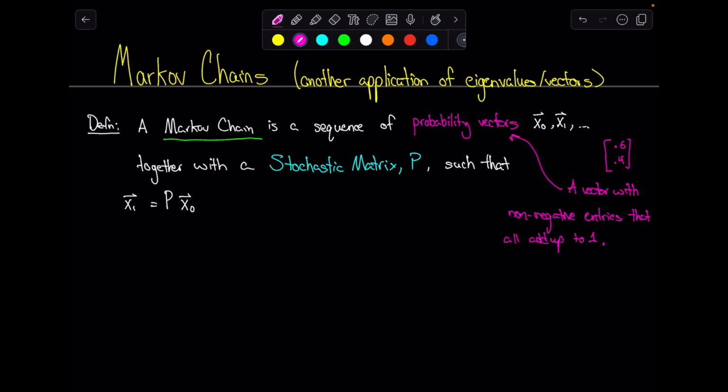And so, of course, to be an actual useful probability vector, we want the column to add up to 1, because otherwise, if you don't add up to 100%, then you're missing some data somewhere.